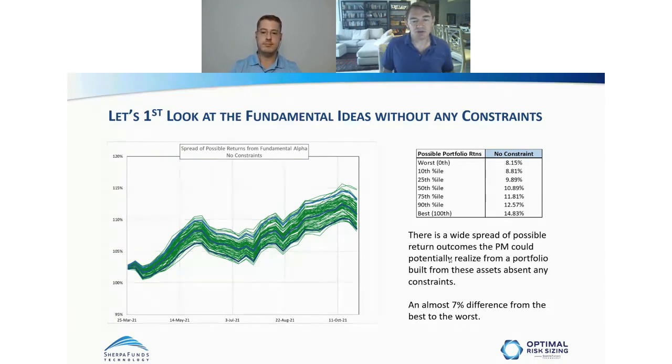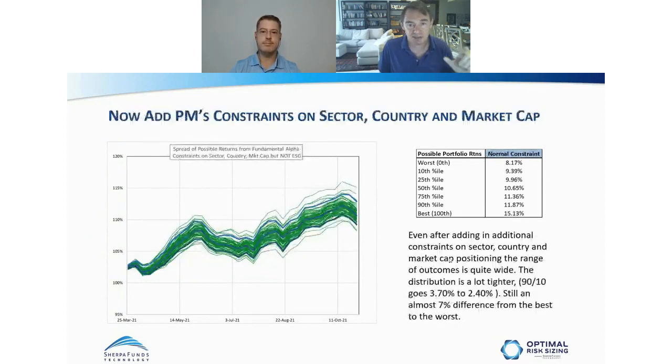So the point here is that there is a lot of alpha in the asset selection. We can see that there is about 6 or 7% of possible variation in your experience, depending on how you built your portfolio out of the same 50 stocks.